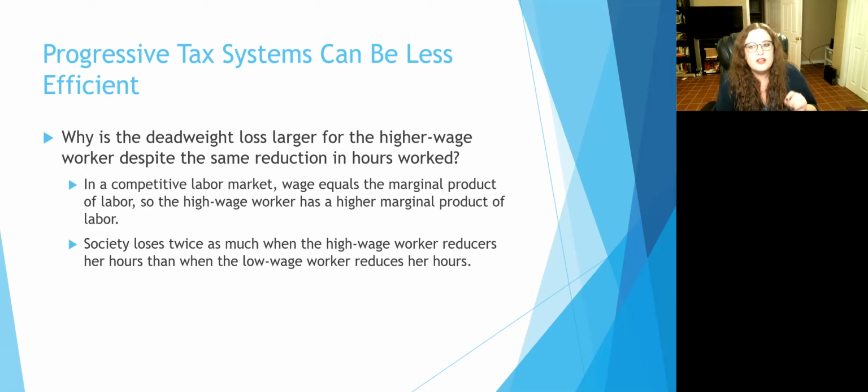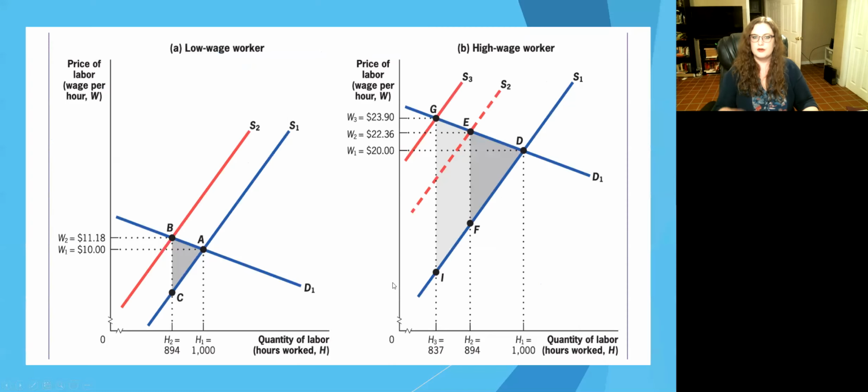Why is the deadweight loss larger for the higher wage workers, despite some of the same reductions in hours? So let's think about this. What does this mean? Oops, go forward. There we go. Let's say that we have a low wage worker. Maybe they make $10 an hour. We introduce a new tax. This new tax has shifted the cost of this labor upwards, right?